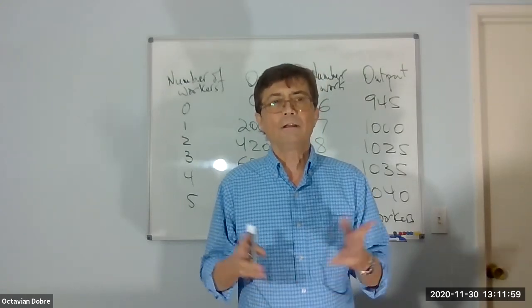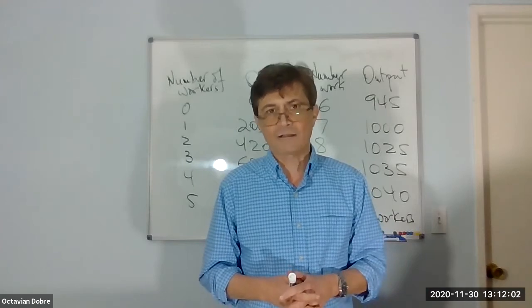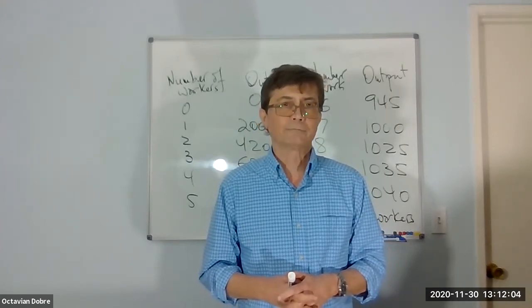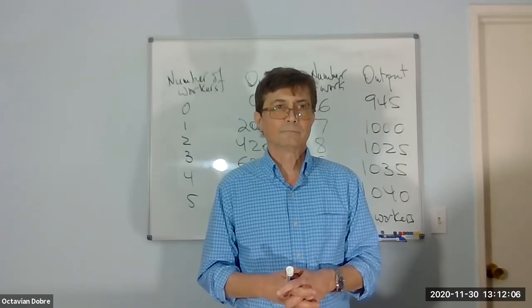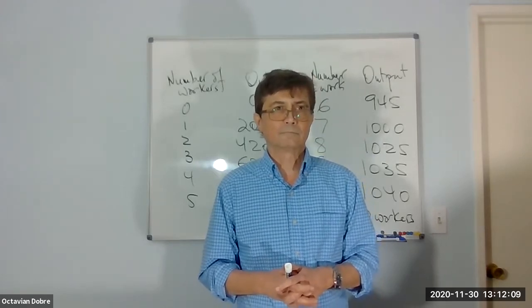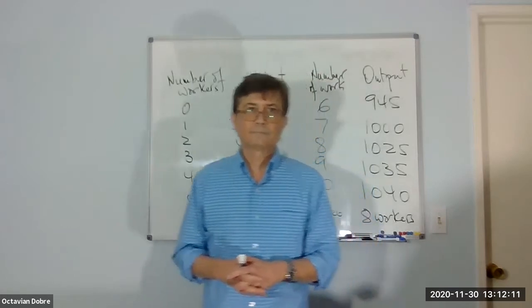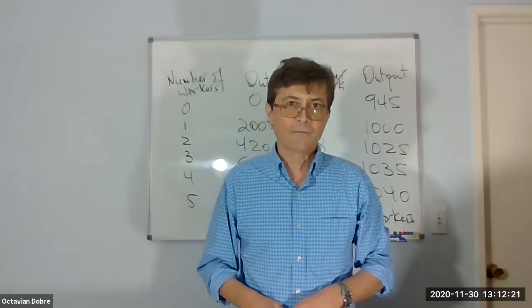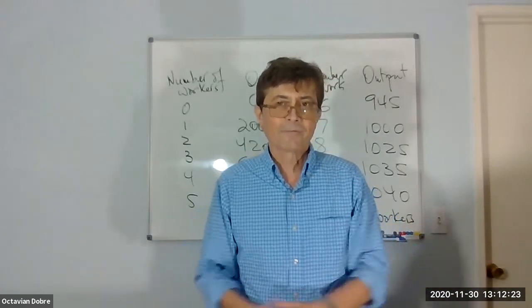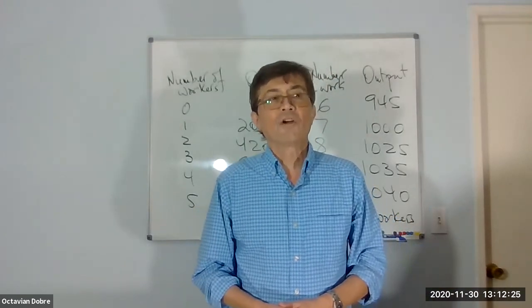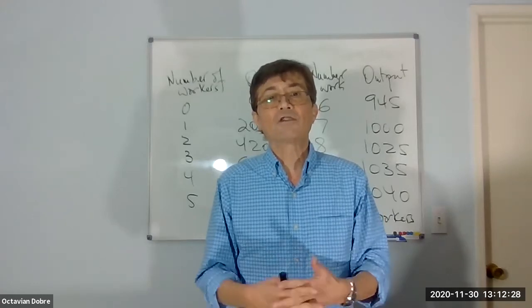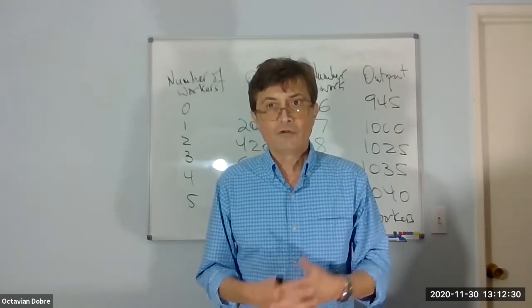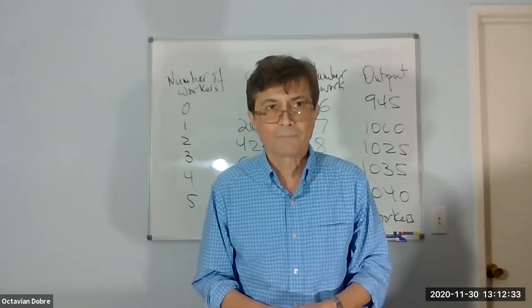Do we know the value for marginal factor cost? So I'm asking you. 200. Good. So we know that marginal factor cost is 200. That's the wage. Okay, so we know that we need marginal revenue product to be equal to what?